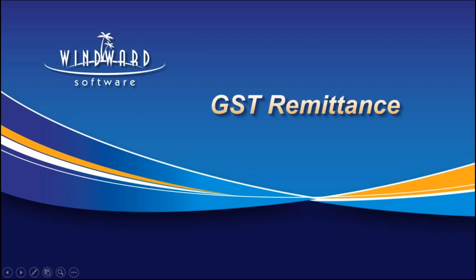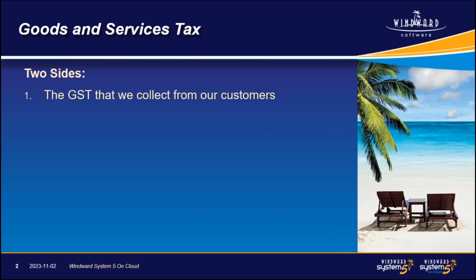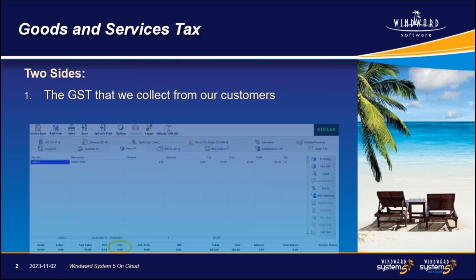So we have two sides of GST, or goods and services tax. One is the GST that we collect from our customers, and the other one is the GST that we pay on our purchases.